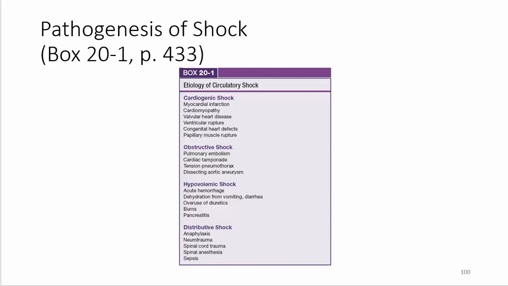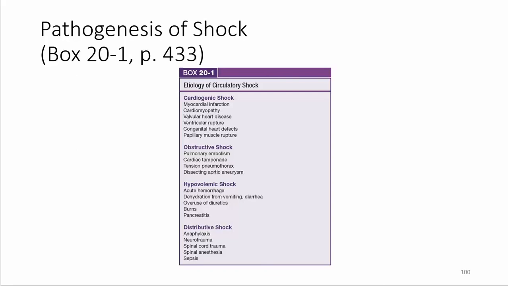Ventricular rupture can happen. Congenital heart defects. Papillary muscles, chordae tendineae problems, so then you end up with prolapses of valves. That kind of goes with valvular problems. All of these things, blood pressure drops, cardiogenic shock, because it's a problem of the heart.